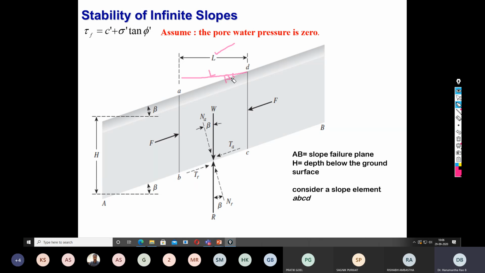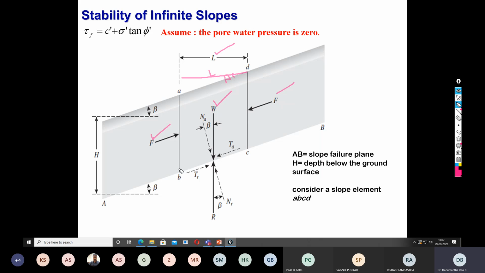Now, when I have taken this small element ABCD, if you try to draw the free body diagram of this element, first of all, we have the weight of the element, W. Then on either side of this element there are normal forces, and these normal forces are equal and opposite in magnitude and direction.